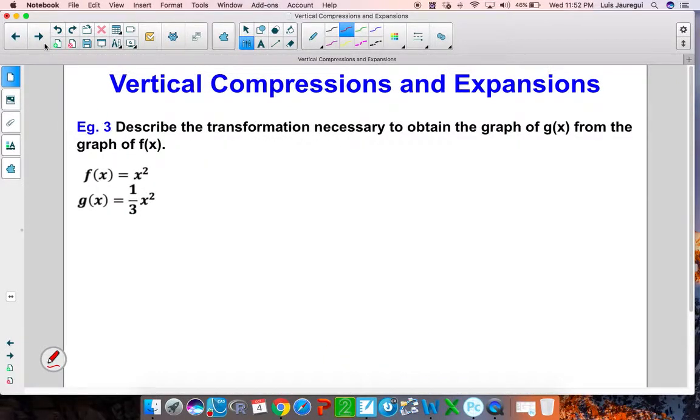Example 3. Describe the transformation necessary to obtain the graph of g of x from the graph of f of x. Here we're given that f of x is equal to x squared and g of x is equal to 1/3 of x squared. Let's identify our constant here. C is equal to 1/3, and notice that 1/3 is greater than 0 but less than 1. So here we have a vertical shrink.